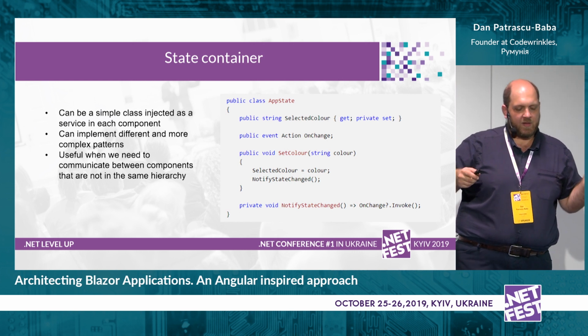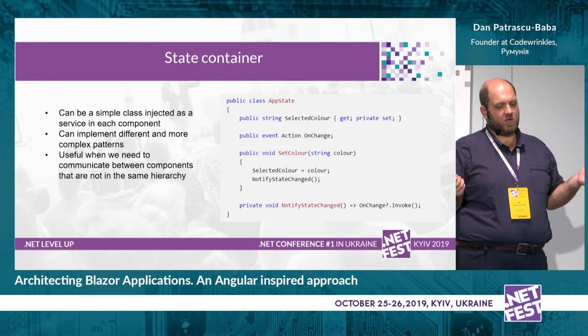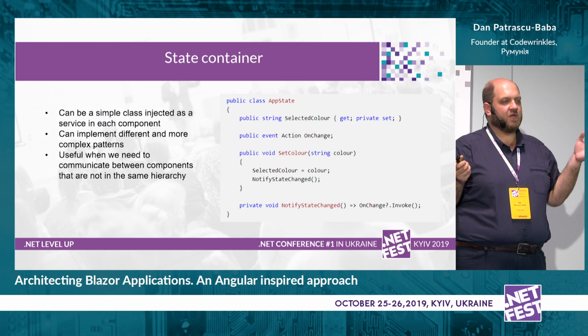But we would still have to communicate between them. And the easy way to do it is to use something like a state service, in which you create some delegates, and different components could subscribe.